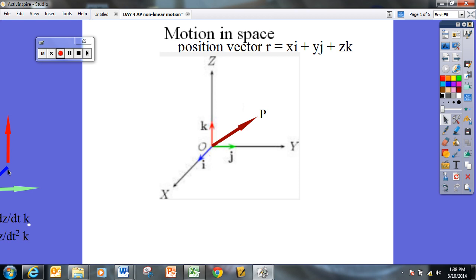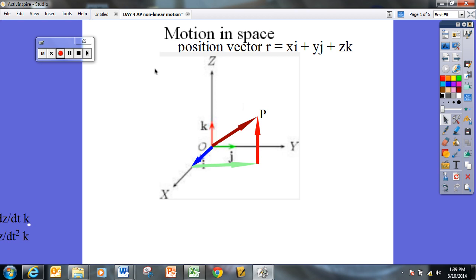That's the position vector P: it has a vector of magnitude x in the direction of the i unit vector, a vector of dimension y in the direction of the j unit vector, and a vector of dimension z in the direction of the k unit vector, and these three vectors added together add up to this position vector r. So that is not a great stretch of the imagination to get there.